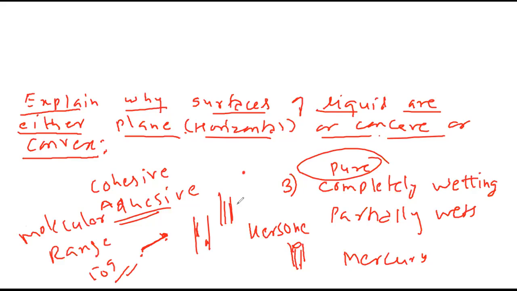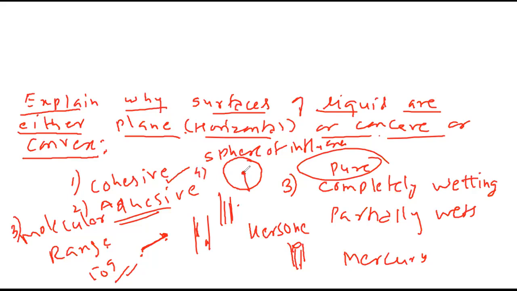If I take a molecule as center and draw a sphere with radius equal to molecular range, this sphere is called the sphere of influence. So four things you have to remember. First, cohesive force means force of attraction between similar molecules. Adhesive, force of attraction between dissimilar molecules. Molecular range, distance up to which molecular influence exists. And sphere of influence, imaginary sphere drawn with molecule as center and molecular range as radius.